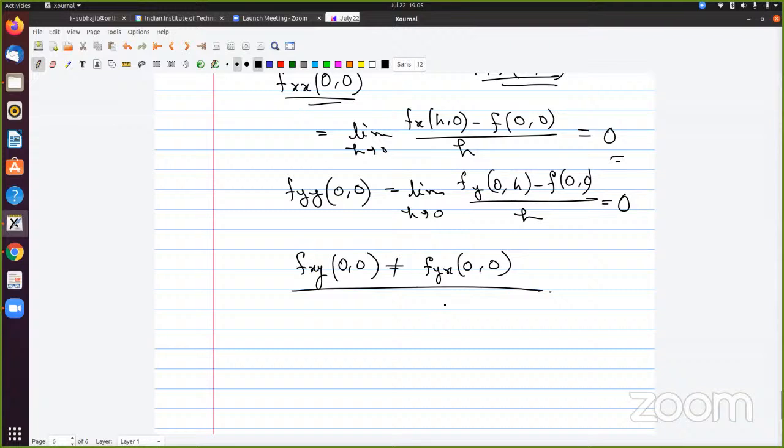If 0,0 is not in the domain, then we should not be concerned about it, nor about continuity at 0,0, because we only focus on points which are in the domain.